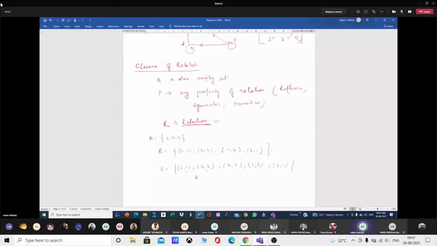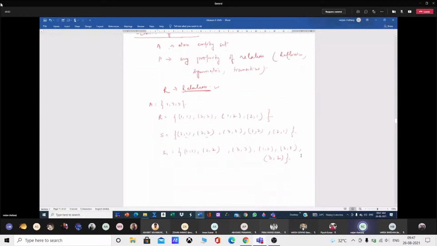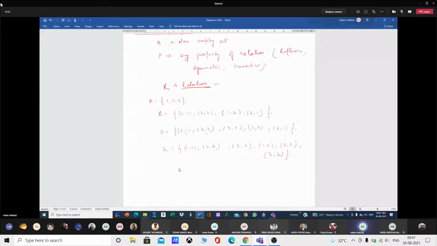So this is S. We may consider another, suppose S1, such that (1,1), (2,2), (3,3), (1,2), (2,1), (3,2), like this. We can consider. Okay. Now, can you see that S is a subset of S1?